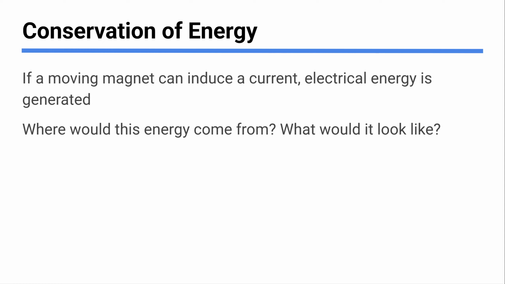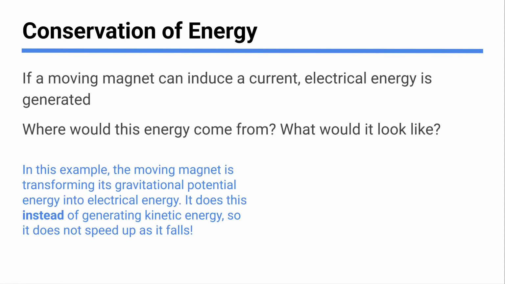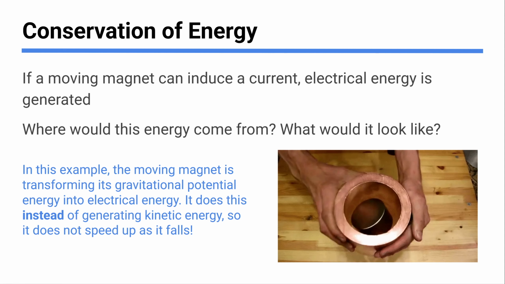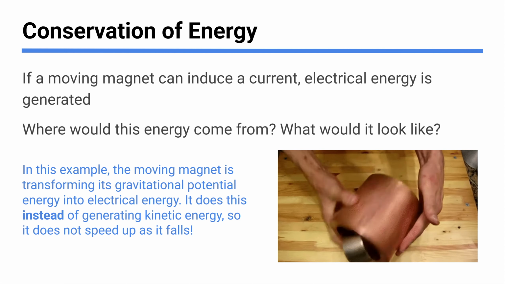Now think about if we're transforming kinetic energy into electrical energy, what would that look like? Well, that means the magnet would slow down, or certainly not speed up. We're going to take kinetic energy away from the magnet to make this electricity. So there's a fun experiment you can do where you take a strong magnet and drop it through a tube of copper or any kind of conductor.